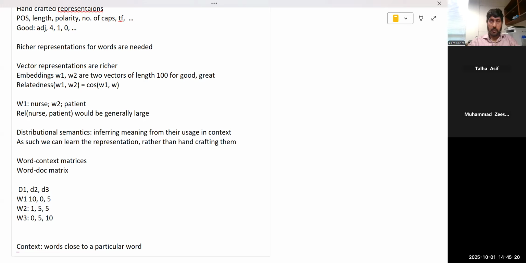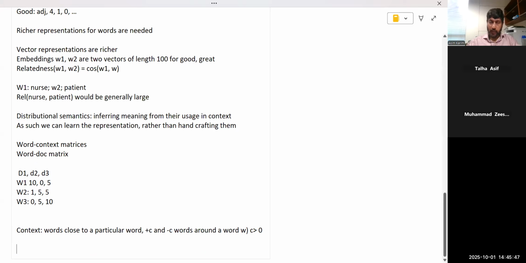Usually using, let's say, plus C and minus C words around a word W, where C of course is an integer greater than 0. तो ये context window define कर रहा है.